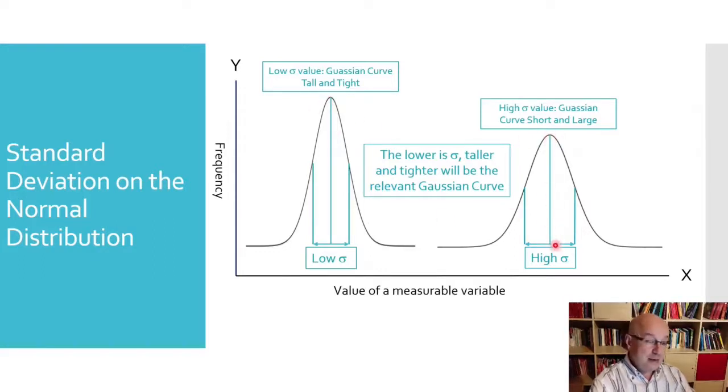But at the same time, less value around the mean means more values far from the mean. So the frequency here and here, as I depart from the value on the right and as I depart from the value on the left, means higher frequency. So the curve is also larger than this one. So low sigma means a Gaussian curve, tall and tight. A high sigma, higher sigma means a Gaussian curve, short and large.